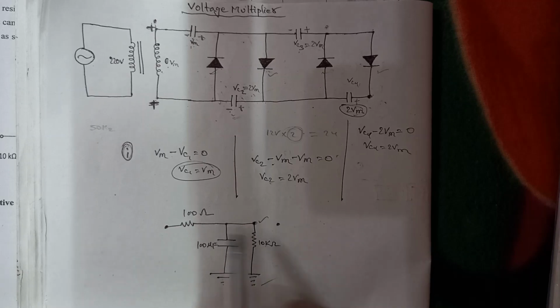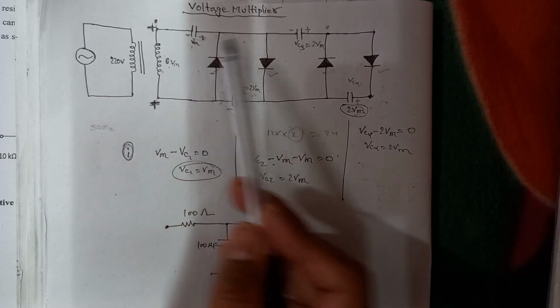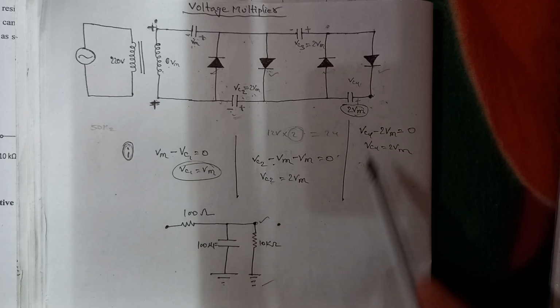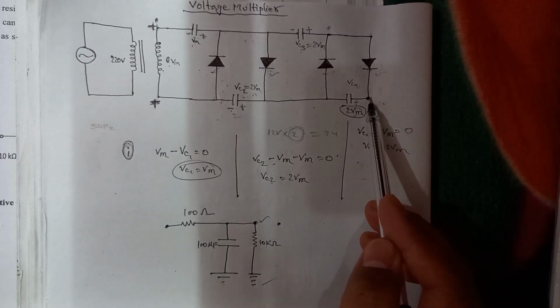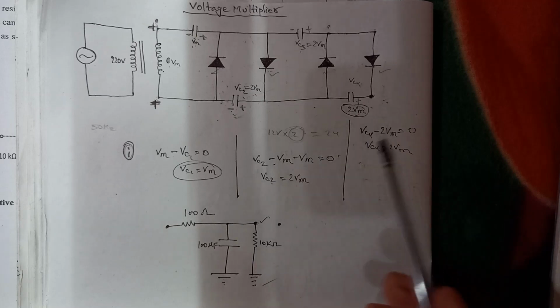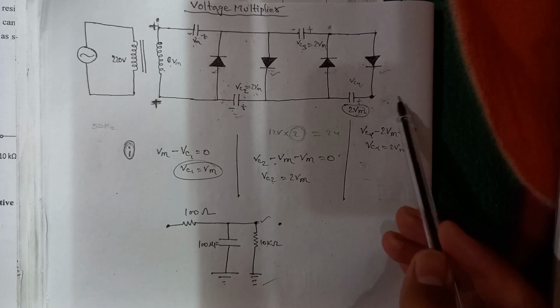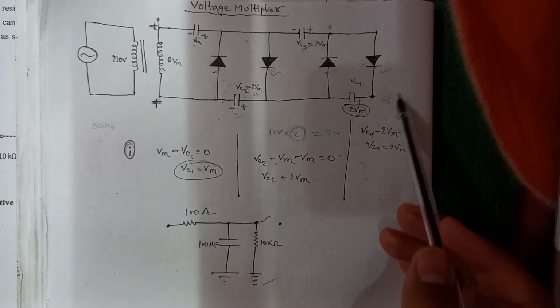Now why do we need this type of circuit? It is because here we are converting all AC into DC, but at this last point we want to check whether any kind of AC signal is still present here or not.